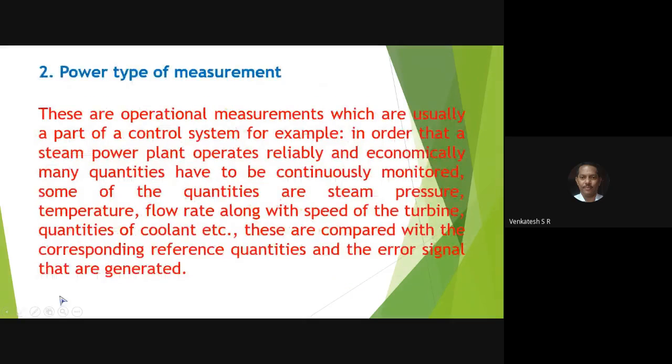For this power type of measurement, the good examples are the steam power plant and the nuclear power plant. We have a steam power plant in Raichur and a nuclear power plant in Kaiga. We have both plants in our state.